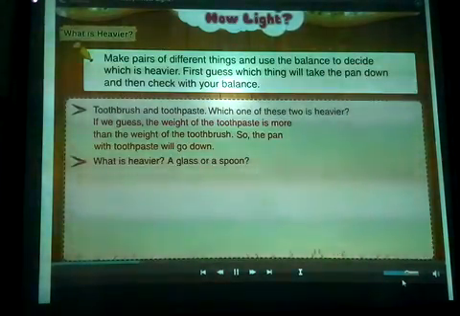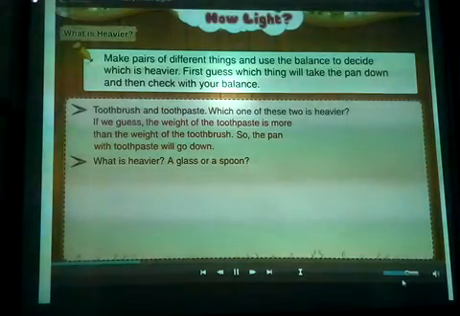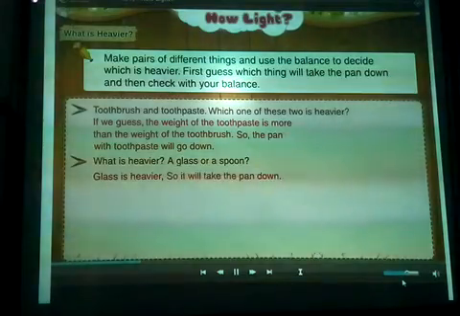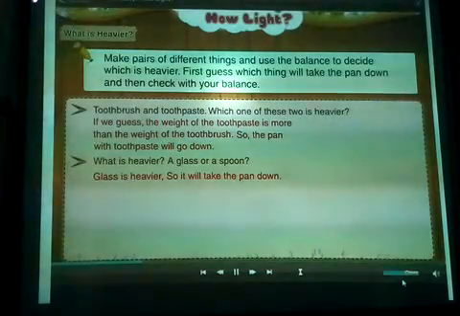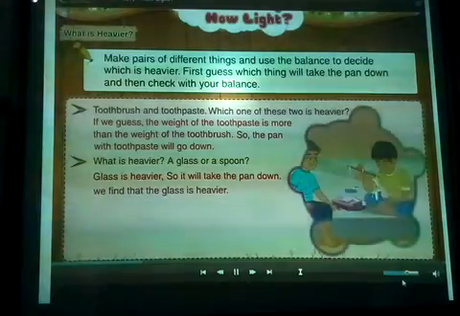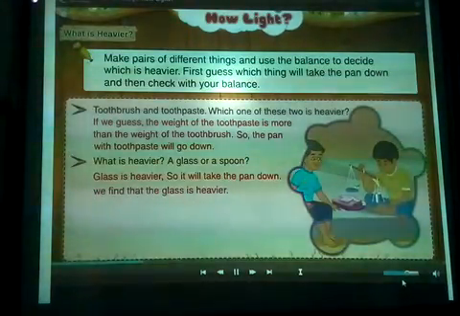Guess what is heavier, a glass or a spoon? Glass is heavier, so it will take the pan down. Come on, let's verify. On verification, we find that the glass is heavier. So again, our guess is correct.